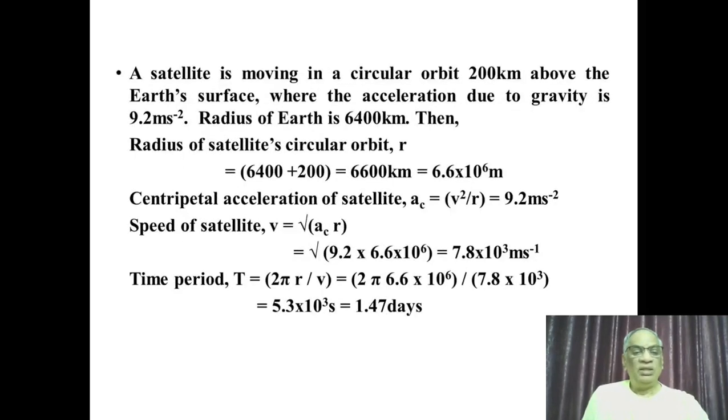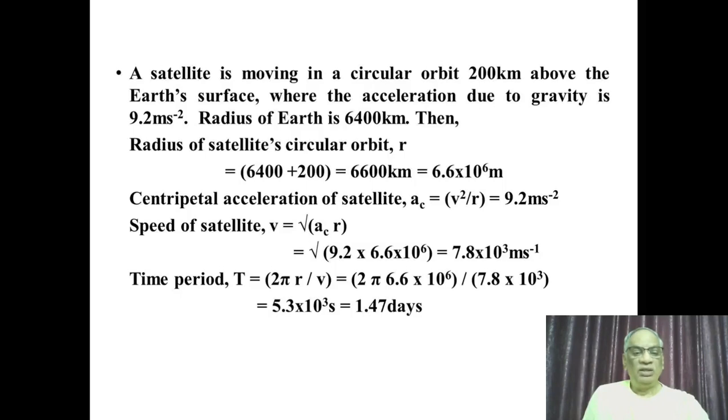Now a satellite is put in circular orbit around the Earth at an orbit height of 200 kilometers, where the acceleration due to gravity is 9.2. We know that g varies with height above the surface of the Earth.